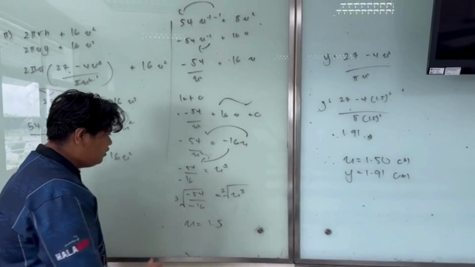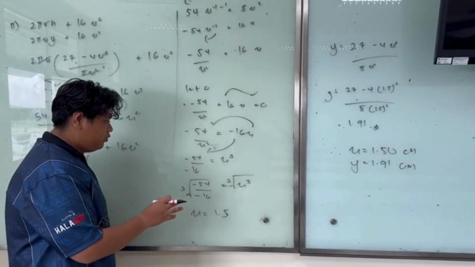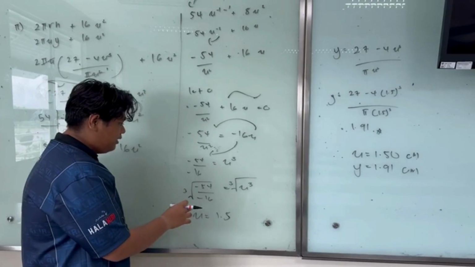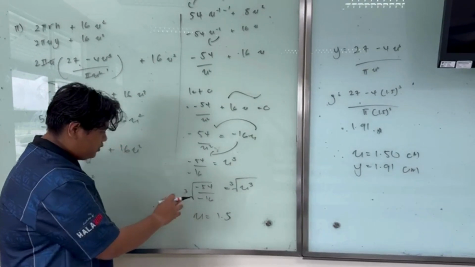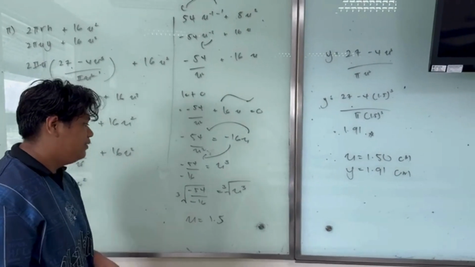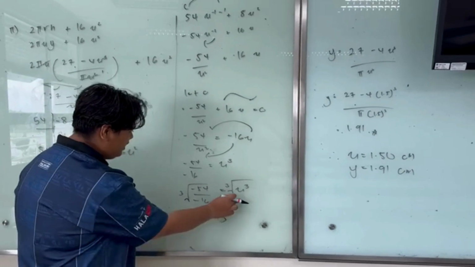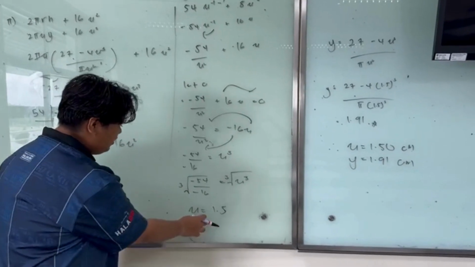After that we need to remove this cube, so we take the cube root of both sides: the cube root of negative 54 over negative 16 equals the cube root of x cubed. So now we get our x, which is 1.5.